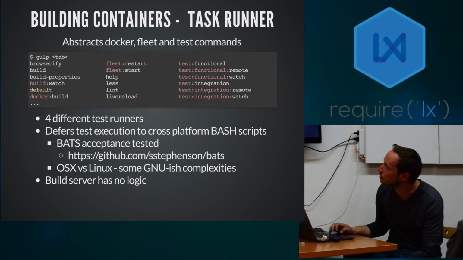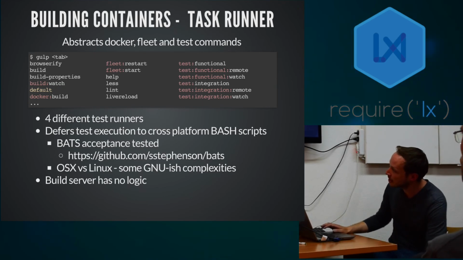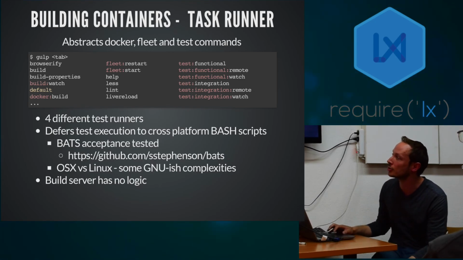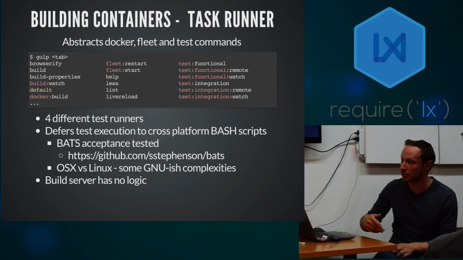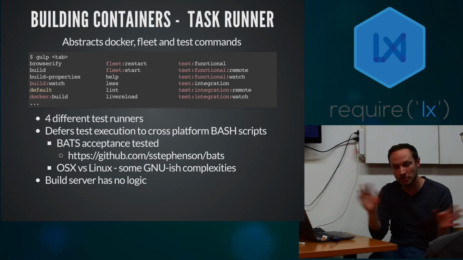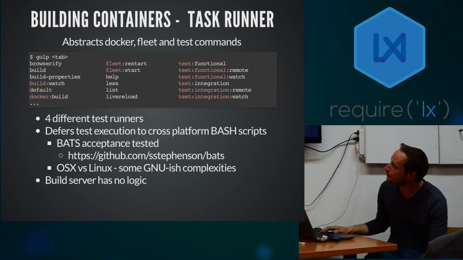So it's just, again, trying to reduce friction. Even the bash scripts are tested, and there's small complexities with OS X versus Linux because of GNU, but not too difficult. And importantly, the build server has no logic. The build server runs Gulp test, which is exactly what the developer runs on their machines. Everything is switched out by environment variables. Apart from that, it's all exactly the same.